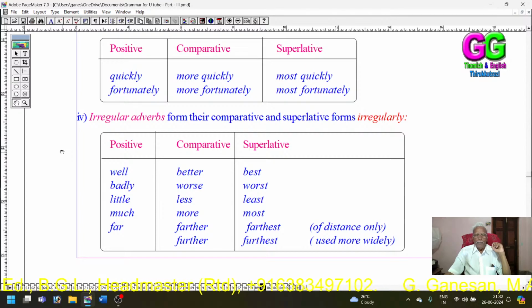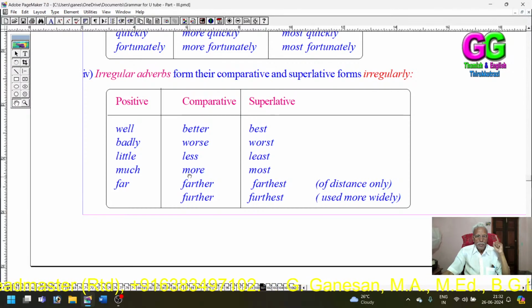Then, rule 4, irregular adverbs form their comparative and superlative forms irregularly. See, well, better, best; badly, worse, worst; little, less, least; much, more, most; far, farther, farthest.